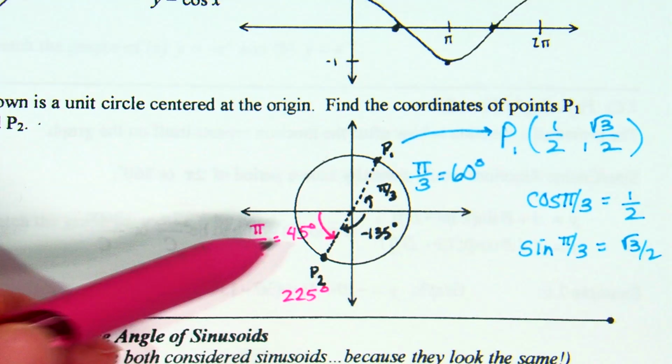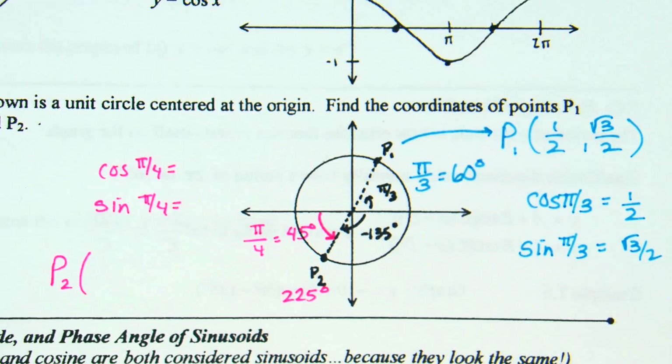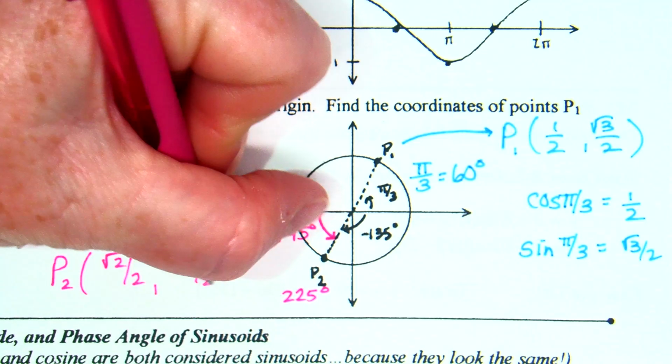We want to do the cosine of pi over 4 and the sine of pi over 4. What do you know about the cosine of pi over 4 and the sine of pi over 4? About the same. Square root of 2 over 2. So, what do you have to think about now?